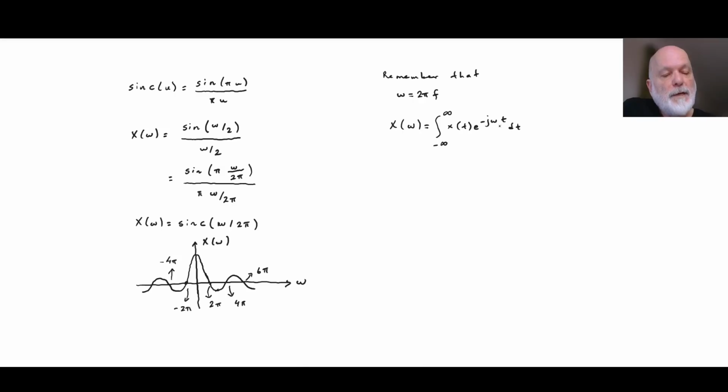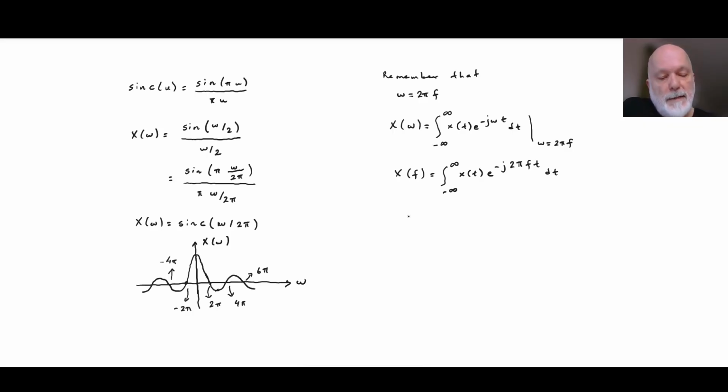So instead of omega, we can substitute in this expression omega equal to 2 pi f, and we obtain the Fourier transform expressed as a function of f rather than omega. So it is from minus infinity to plus infinity, x of t e to the minus j 2 pi f t integrated with respect to t.